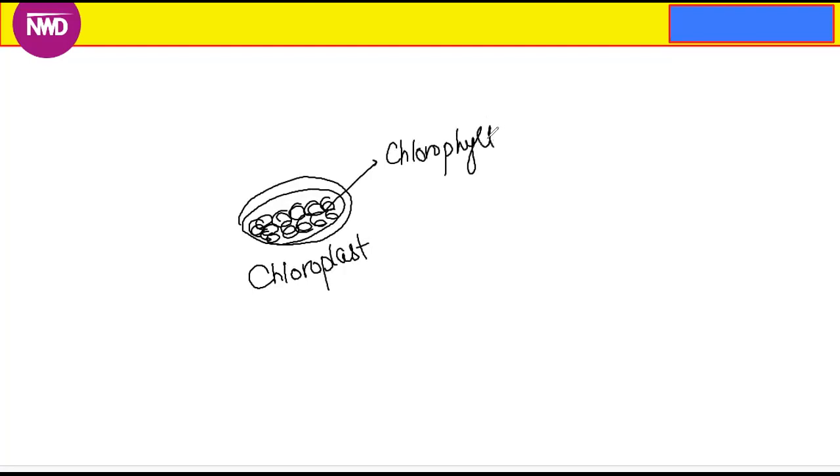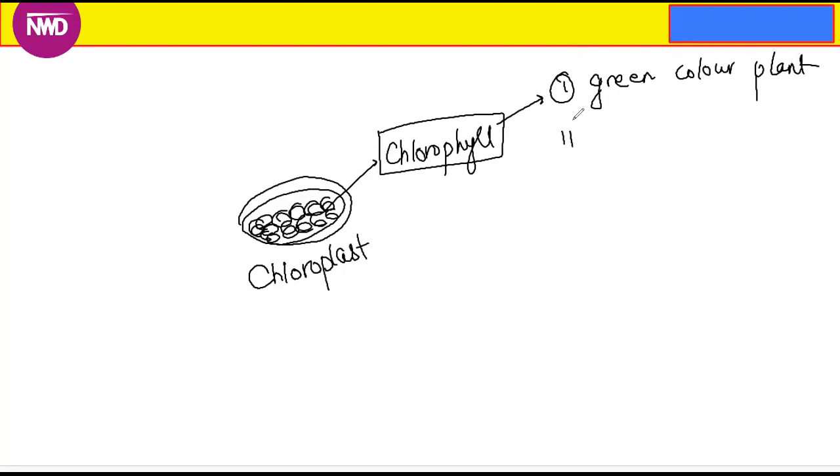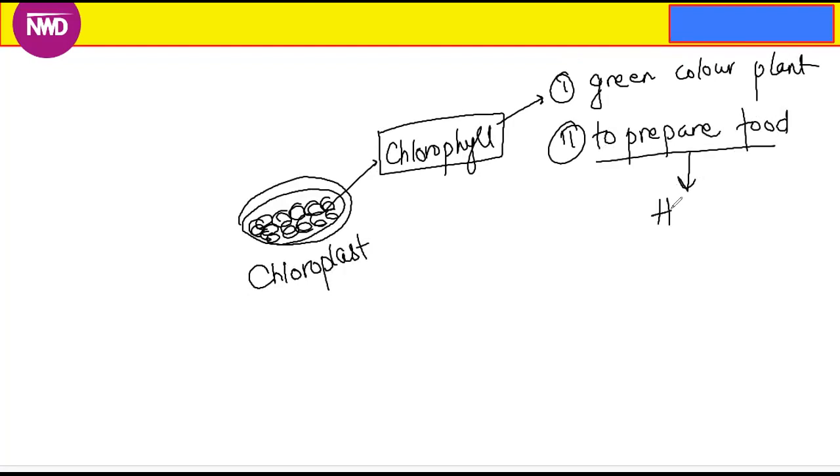Chloroplast consists of chlorophyll. Chlorophyll has two functions. First, green color to the plant. Second, to prepare food. But how do plants prepare food? This is the question. How is it preparing the food?